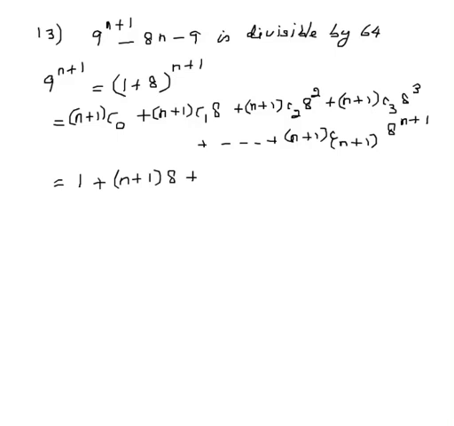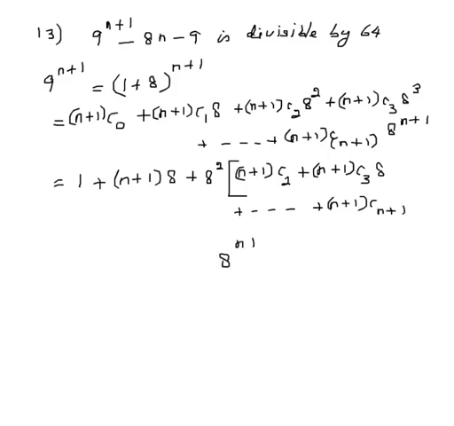Now from the rest of the terms, I am going to take 8 square out. So I will have n plus 1 C2 plus n plus 1 C3 times 8, 8 remains there, plus etc. The last term will be n plus 1 C n plus 1, and we have 8 raised to n plus 1. I am removing 8 square, so it becomes 8 raised to n minus 1.